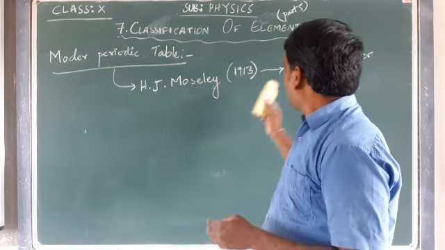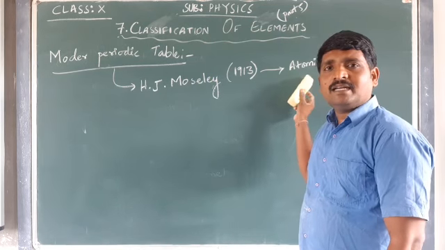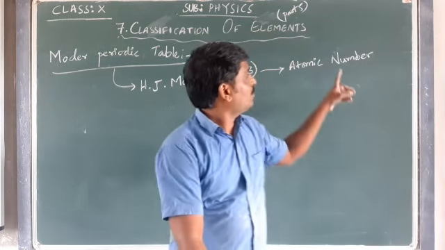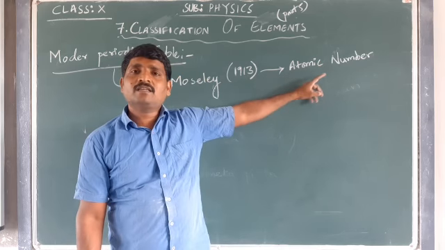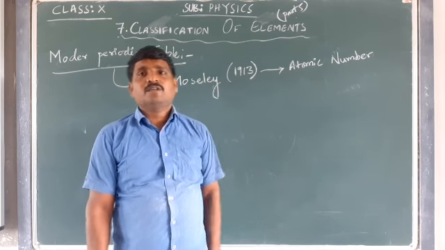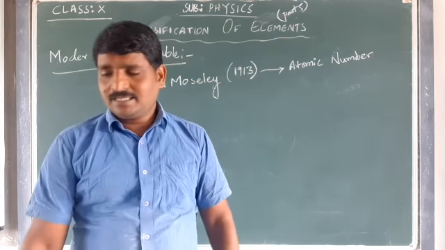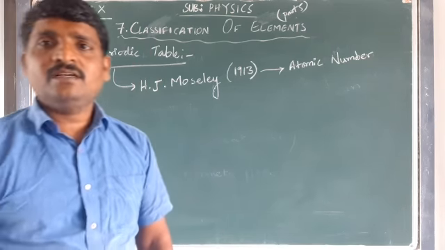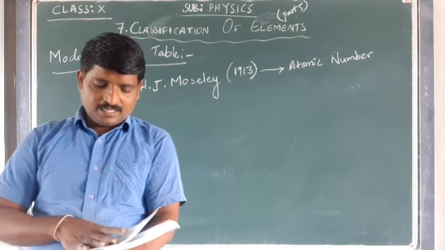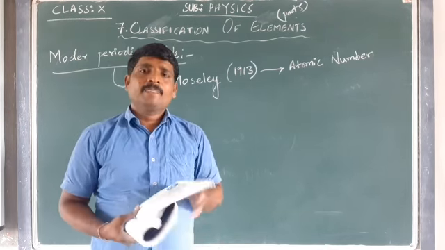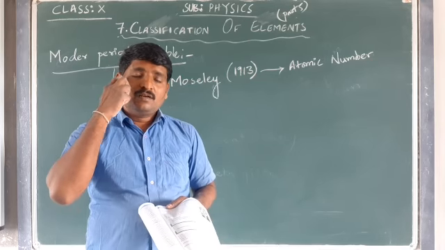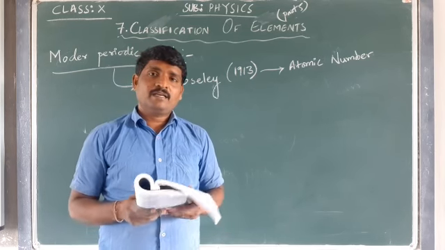What was his observation? How was he able to concentrate on atomic numbers? There is a small reading and understanding session on page number 130, which will help us understand this even better.